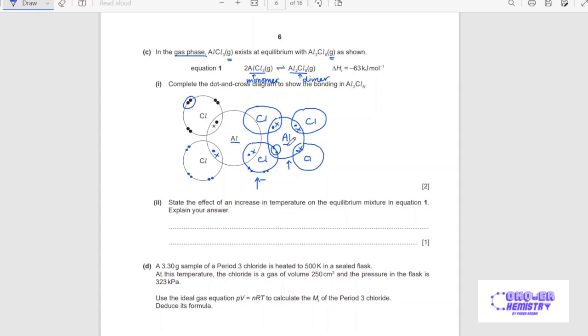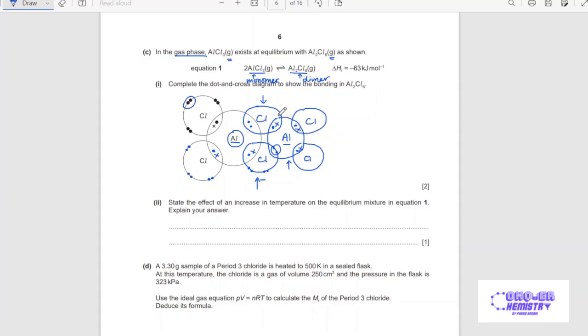Now, the thing is that this first aluminium from the first monomer unit has an incomplete outer shell. So it will complete it by sharing a lone pair from this chlorine atom from the second monomer unit. And that's another dative covalent bond that will help complete the outer shell of the first Al atom. All right. Now all we need to do is to make sure that both Als have 8 electrons each.